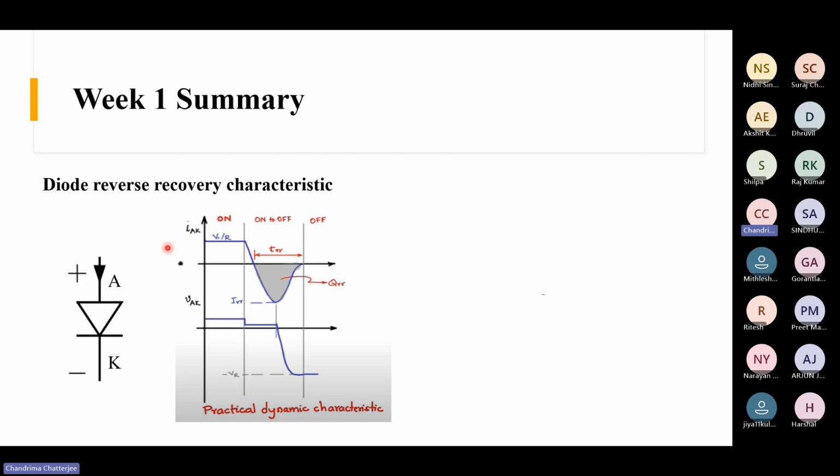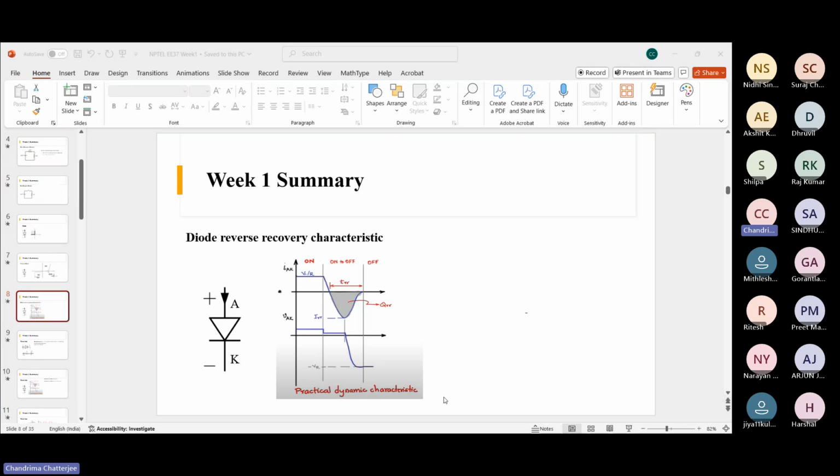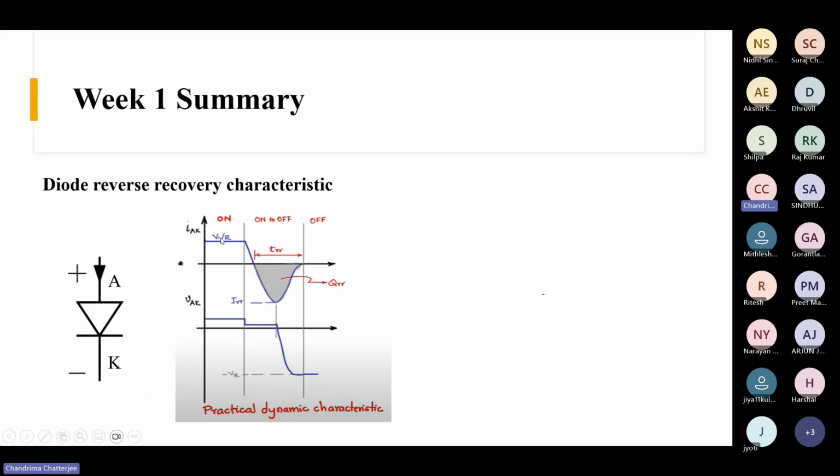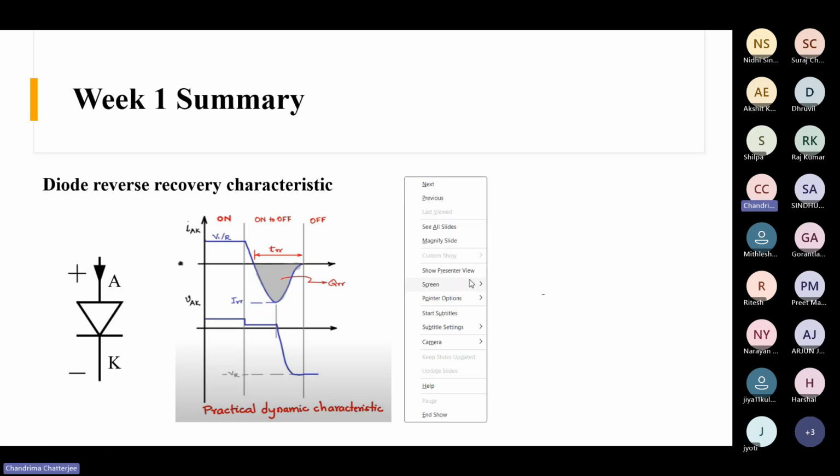Suppose there was some source and the diode was there and it was carrying current, this current. Now we have applied a reverse voltage. So what will happen then?